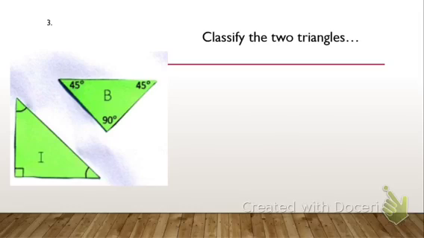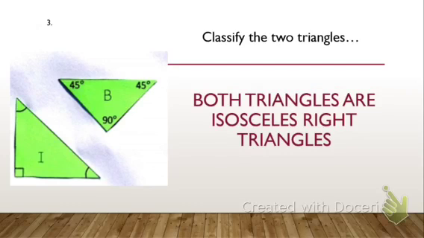Let's move on to triangle B. Triangle B does give you the measures, so 45, 45. You have 2 angles that are congruent, and then you have a 90-degree angle, so that tells me both triangles are isosceles right triangles. So remember, isosceles means 2 sides are congruent or 2 angles are congruent, and then right means it at least has 1 90-degree angle.